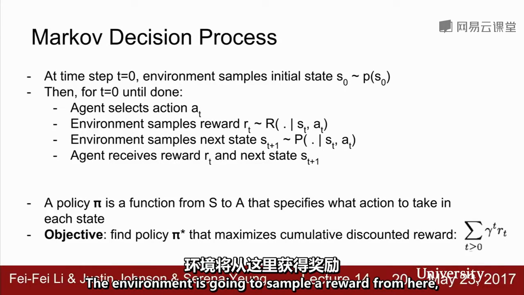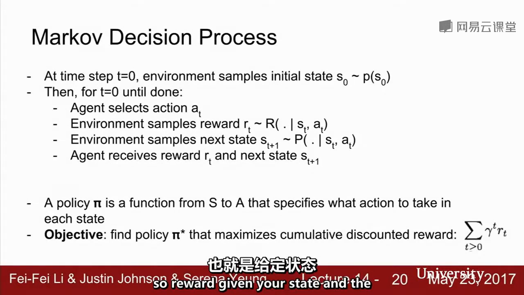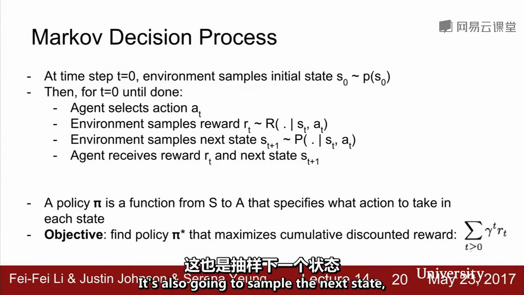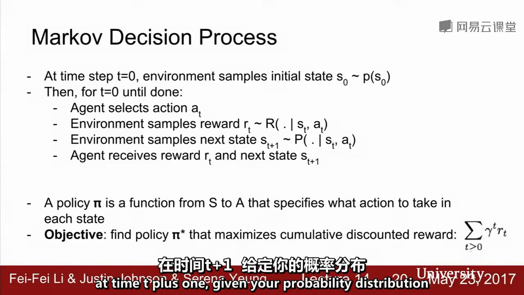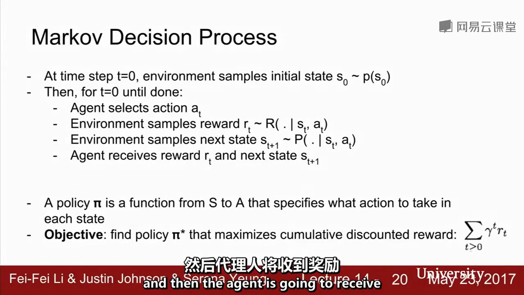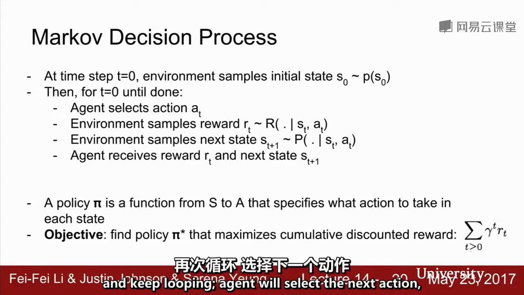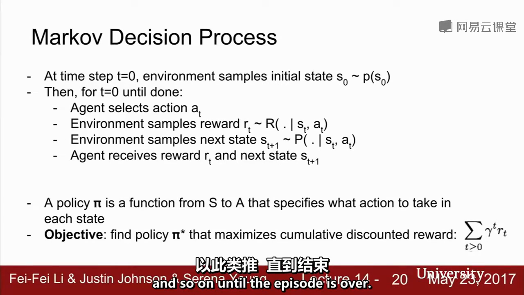The environment samples a reward given your state and the action that you just took. It also samples the next state, at time t plus 1, given your transition probability distribution. Then the agent receives the reward as well as the next state, and we go through this process again and keep looping. The agent will select the next action, and so on, until the episode is over.